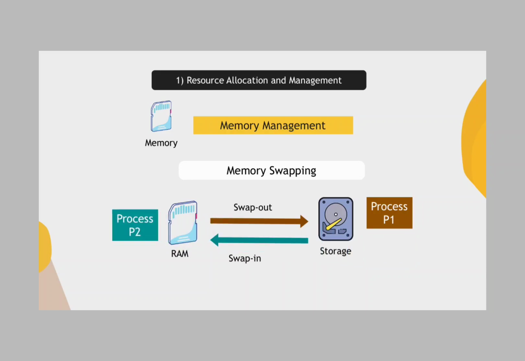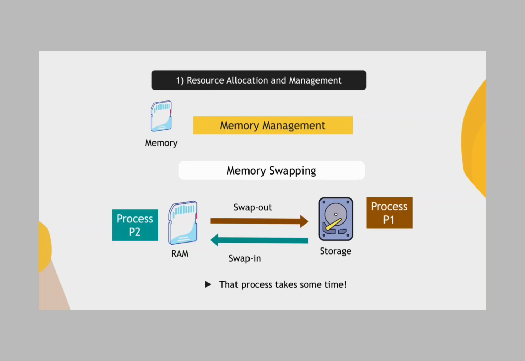And this clearing the data from the memory and then saving it to storage and then loading the new data to that memory location actually takes some time and slows down your laptop. So basically that process of how memory is allocated to different processes is memory management, which is again one of the most crucial tasks of an operating system.